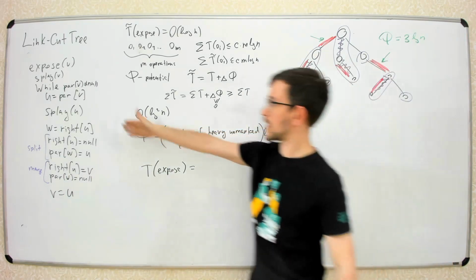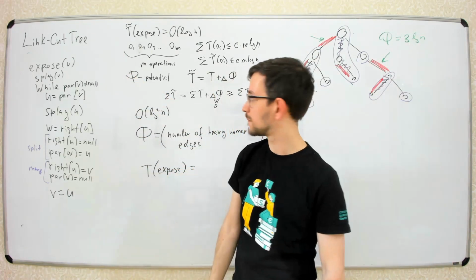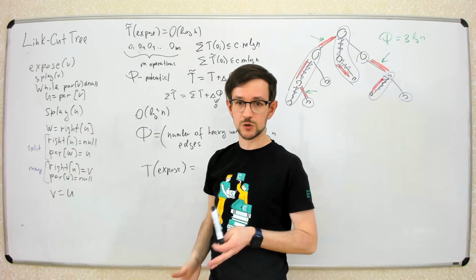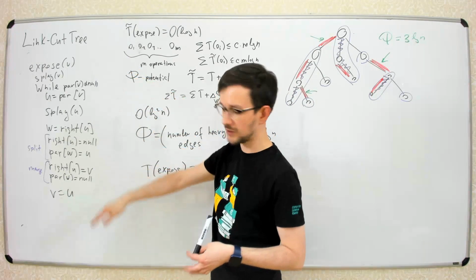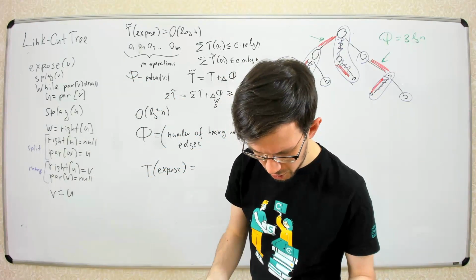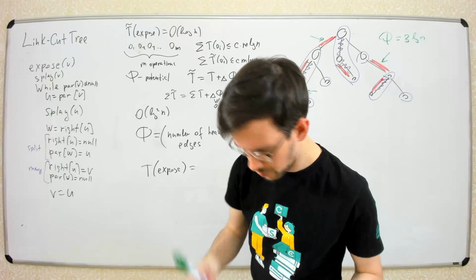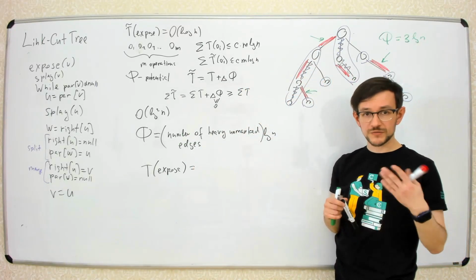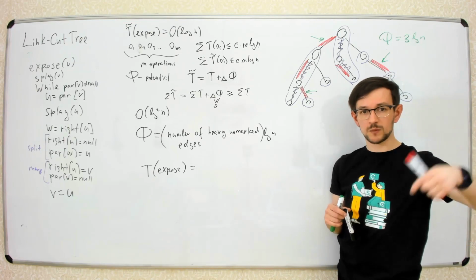Let's see. We have this expose function here. It's quite simple. So what is the time complexity of this operation? What is the real time complexity? So how many operations do we make in this function? So in this function, we have some number of loops.